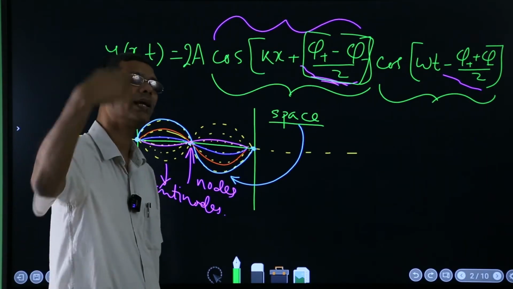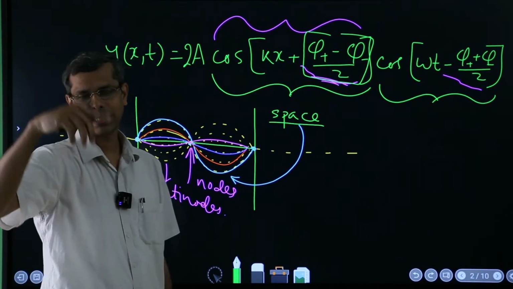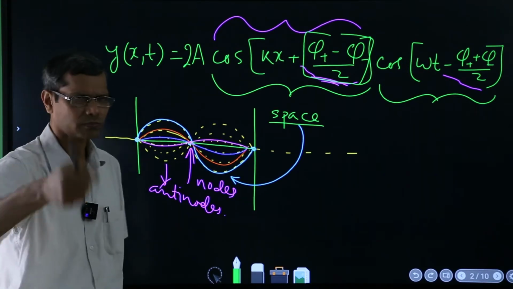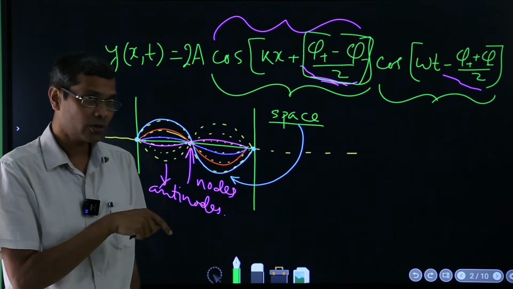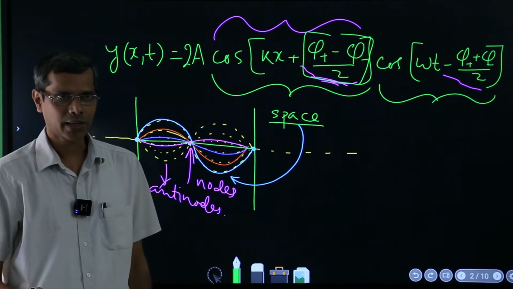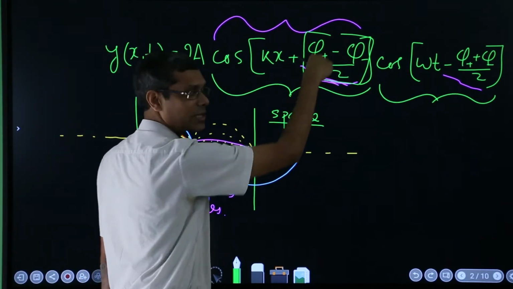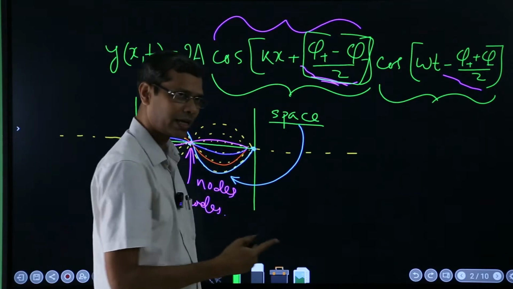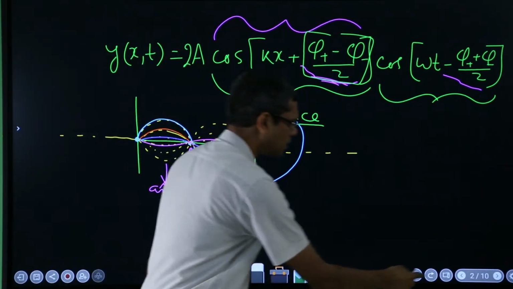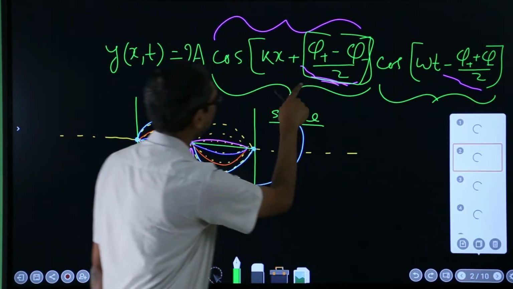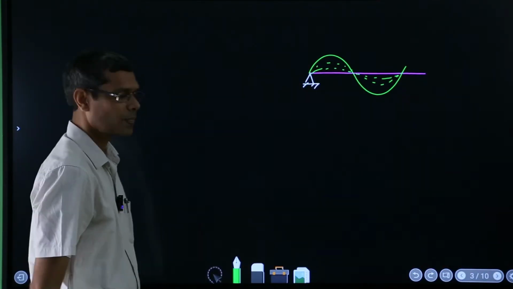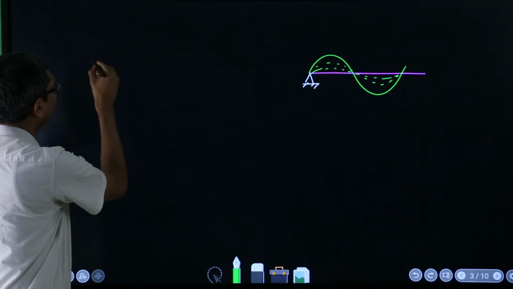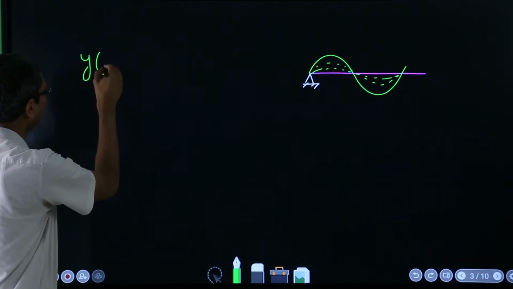The person who is standing at infinity decides at what phase to start the wave, but the rigid end knows how to reflect it back so that this becomes 90 degrees and this becomes a sine, and you get the node at this location. And then your waveform y of x, t becomes 2a, as it was there.